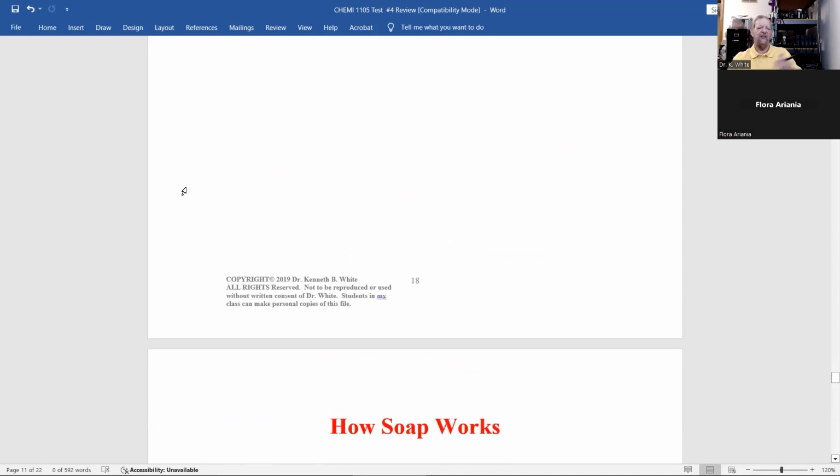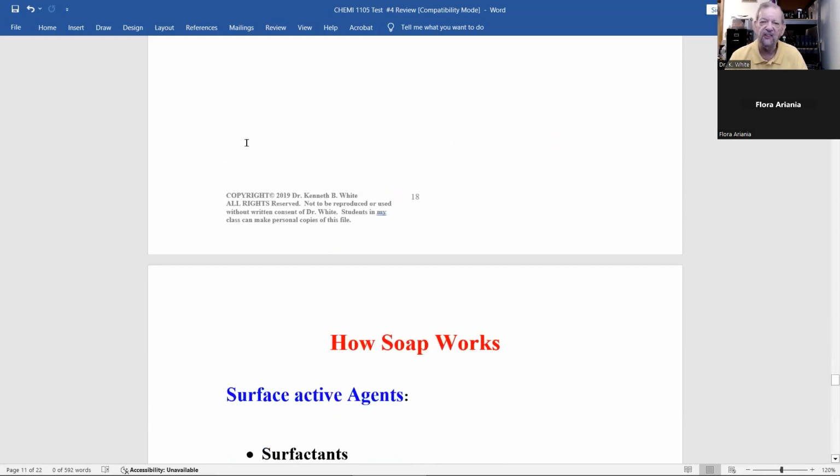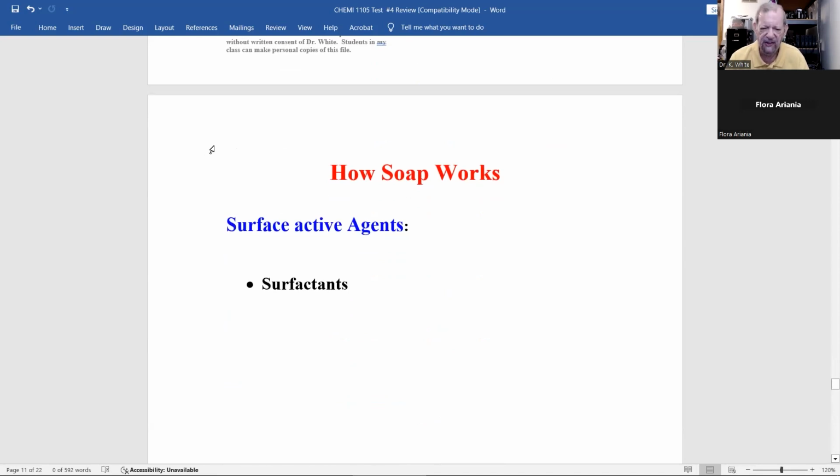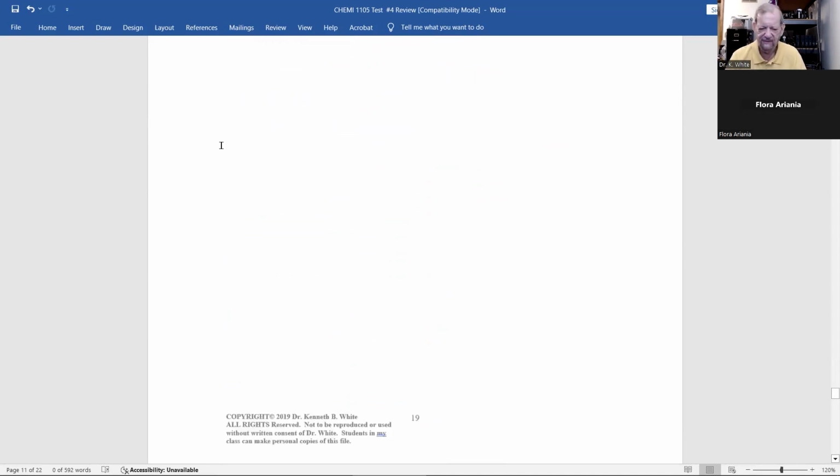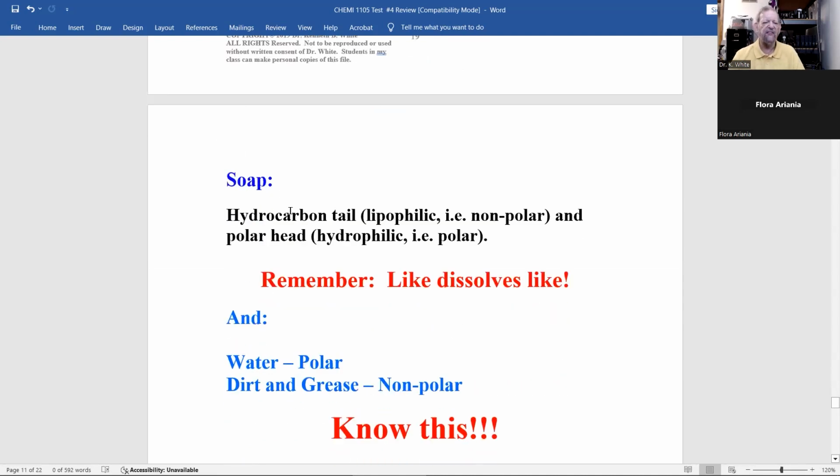Now, if you take organic chemistry, you'll learn about surfactants, and an important surfactant is soap. And you should know how does soap work. The first thing, soap has a hydrocarbon tail, also known as nonpolar, and a polar head.